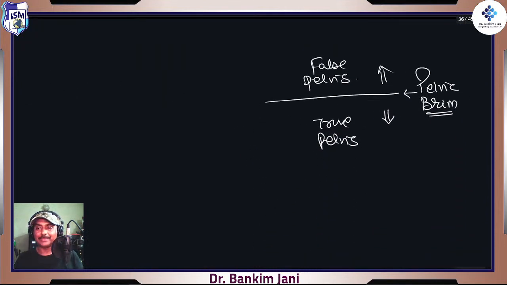So when we said pelvic brim, what is the pelvic brim? Anything above the pelvic brim is considered false pelvis, because this is all abdomen, right? It's okay that the hip bone has started, but that doesn't mean the pelvis has actually started.